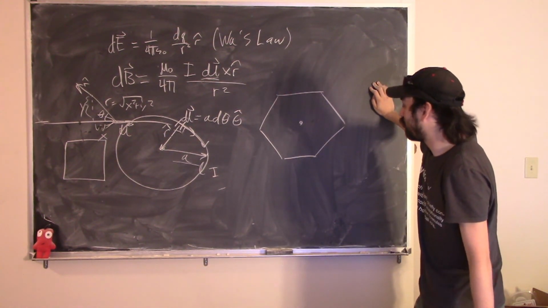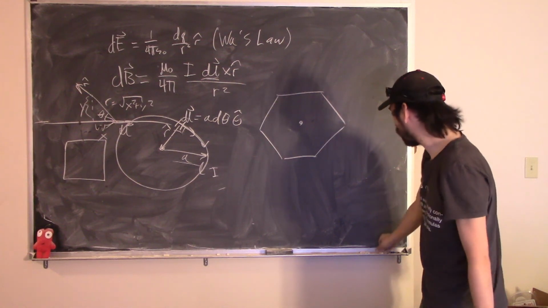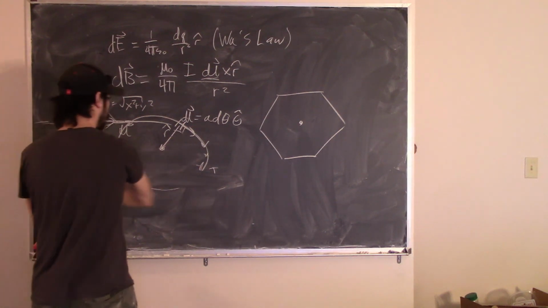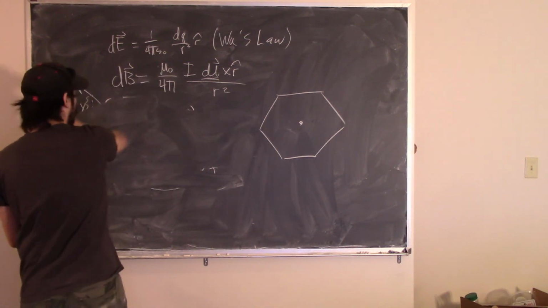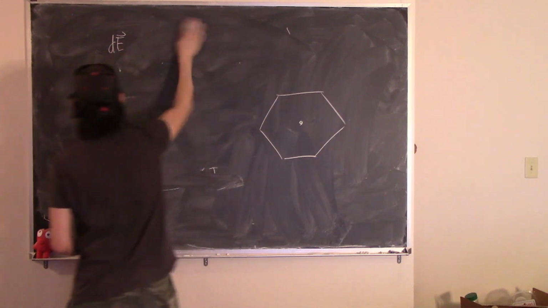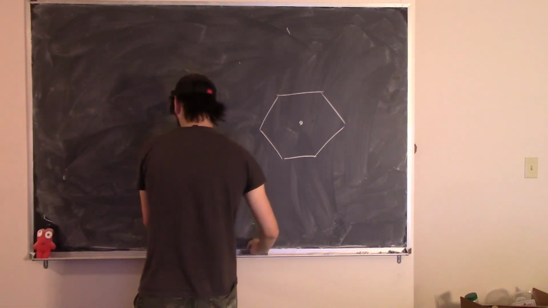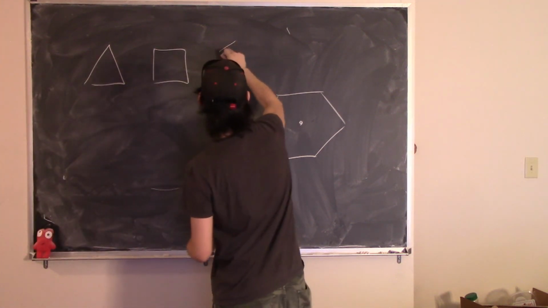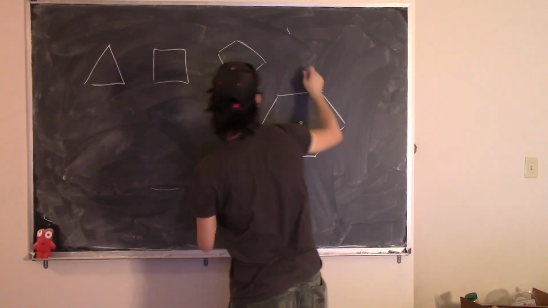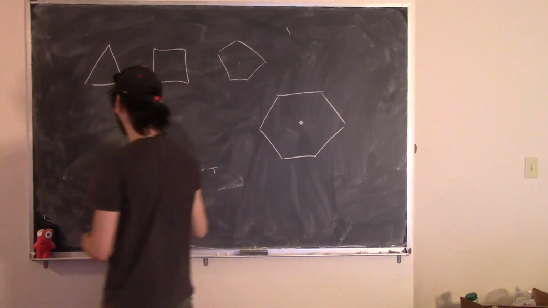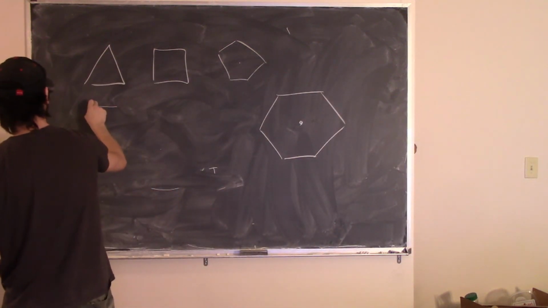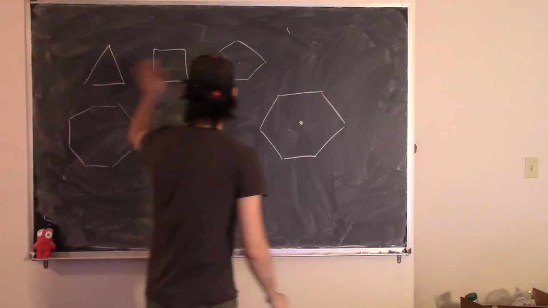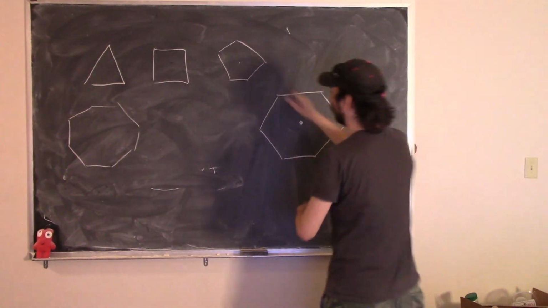And if we wanted to keep going with this, this is me just mathing. So start from a triangle, then go to a square, then go to a pentagon, then this, then a 7-sided polygon, which I can't draw that well, then an octagon, and then keep this pattern going.